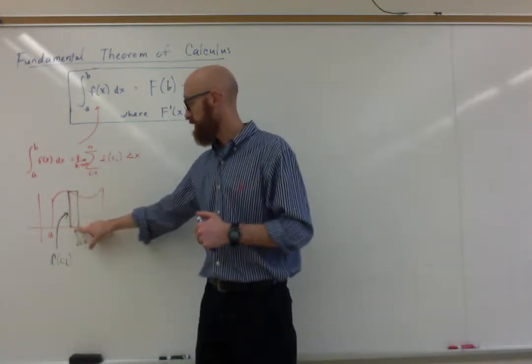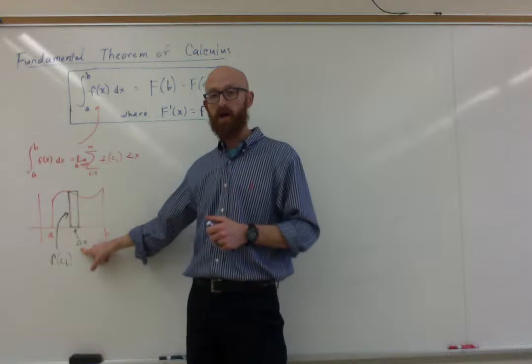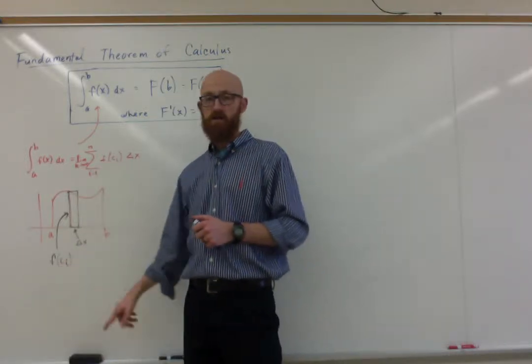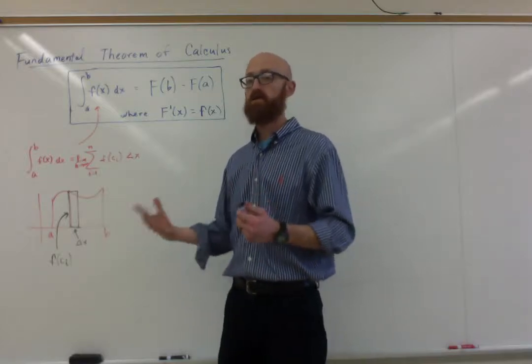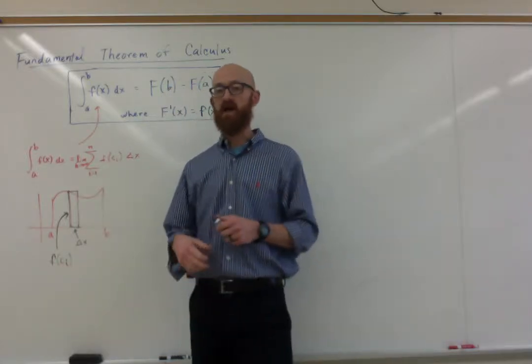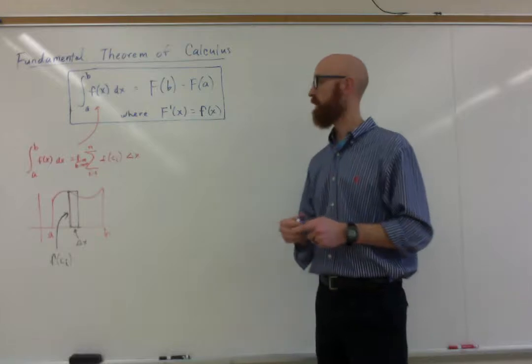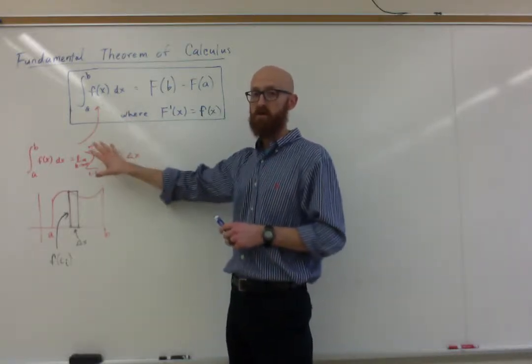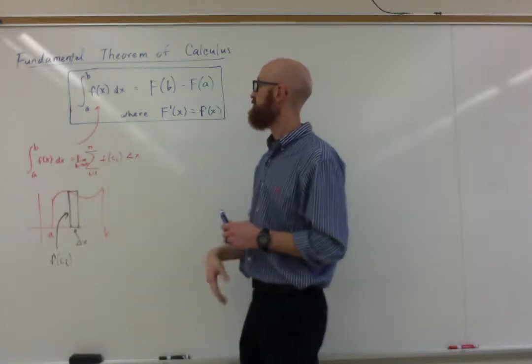You'll notice that the base of each rectangle is delta x, or some small change in x, and the height is little f of something. I called it c sub i, some ith constant for the ith rectangle. So this integral that we have here is just a short way of writing this infinite sum.